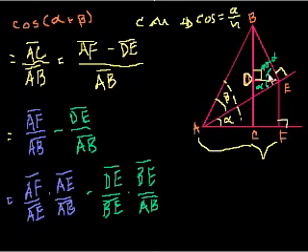And since this angle, 90 minus alpha, this angle 90, and this angle add up to 180, we can figure out that this is alpha. If you don't believe me, add up alpha plus 90 minus alpha, and you will get 180 degrees. So this angle up here, angle DBE, is alpha.